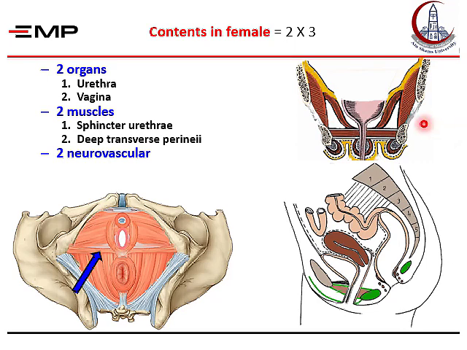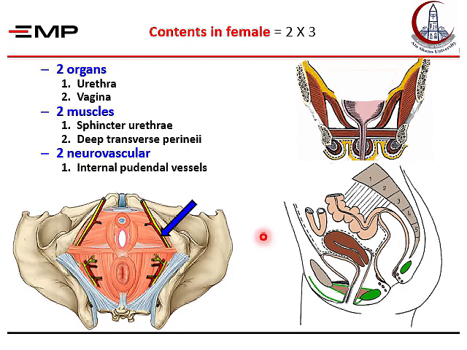That's why we call the upper fascia of the urogenital diaphragm, and the lower fascia of the urogenital diaphragm, which is actually the perineal membrane. And the 2 neurovascular structures are the internal pudendal vessel and the dorsal nerve of the clitoris.